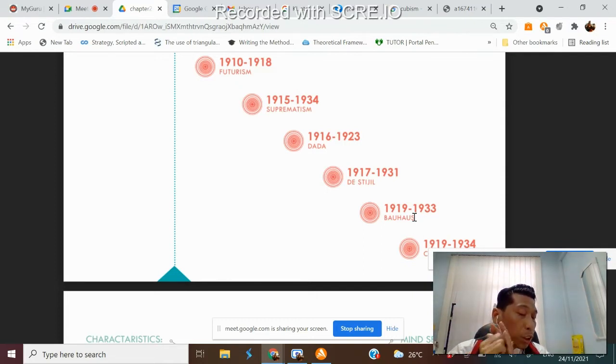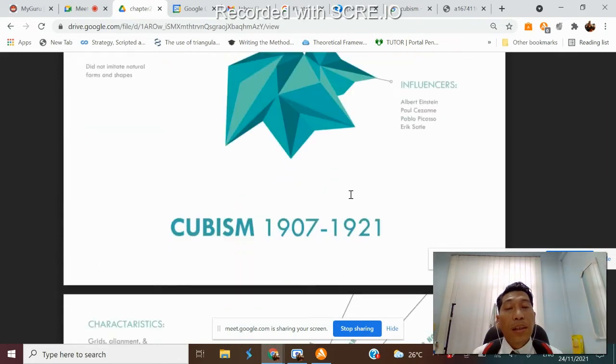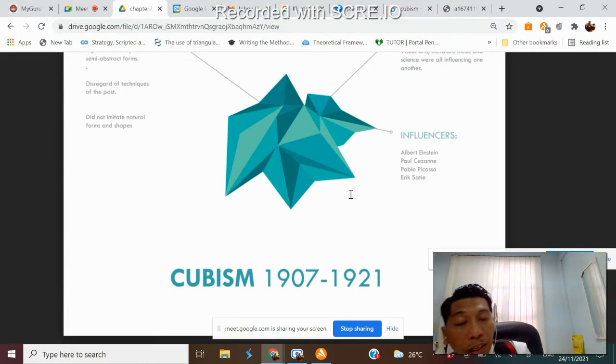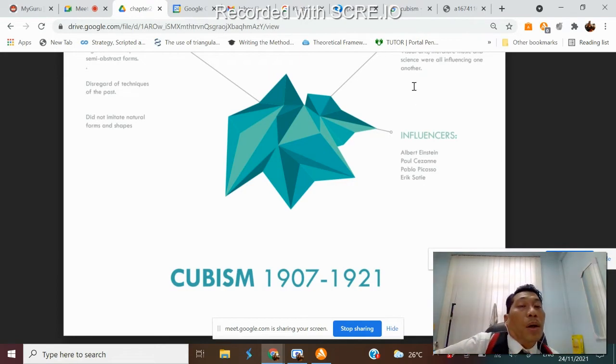Bauhaus changed the concept of design. Bauhaus also gave birth to many designers, which changed the history of design today.